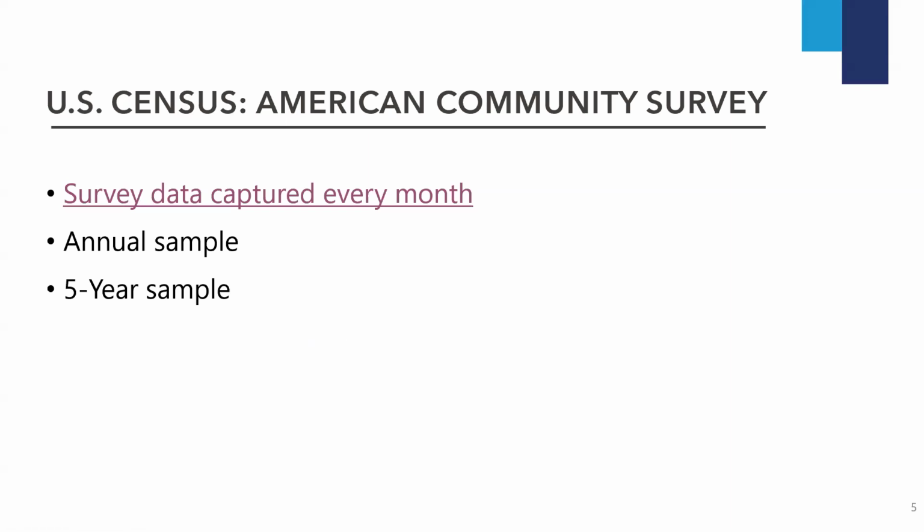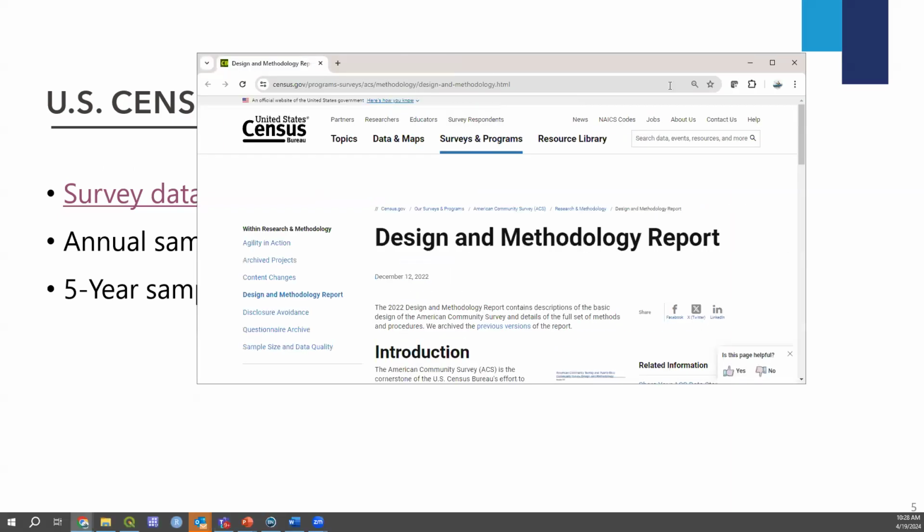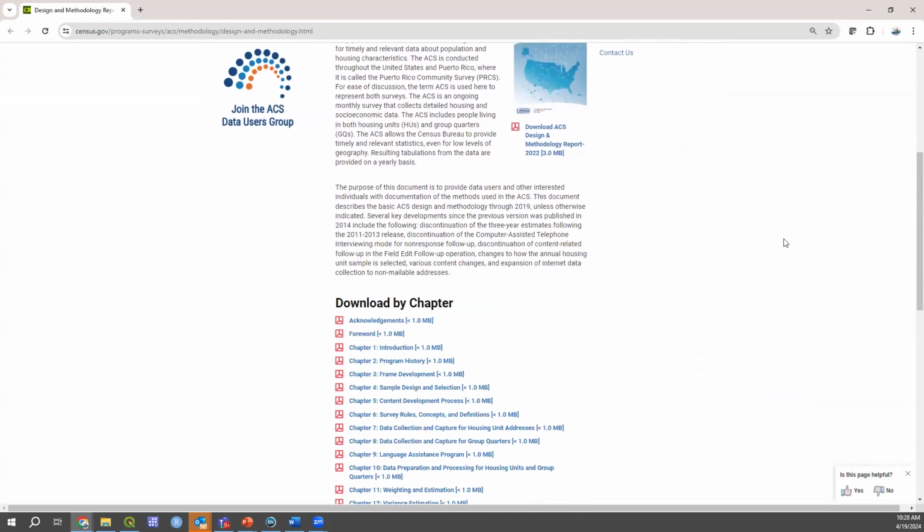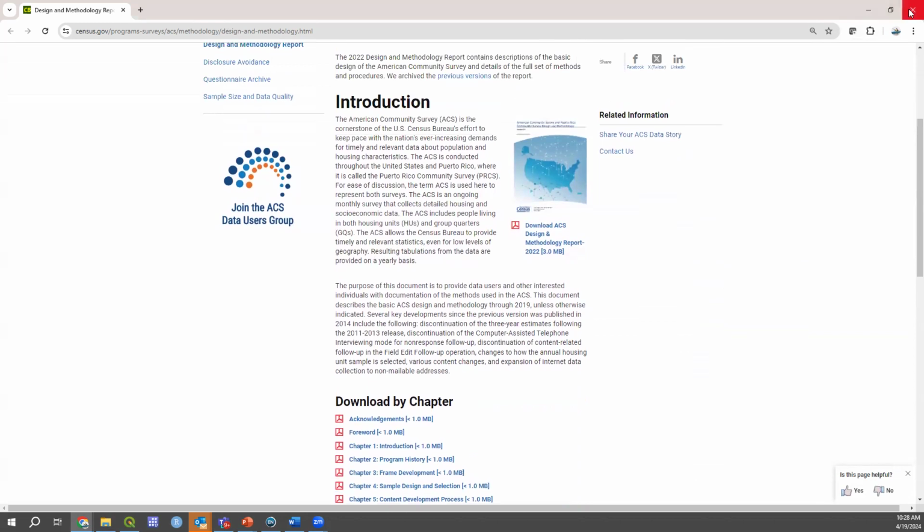So in a 1-year period, you can have what is called an annual sample. Or if you want to be more precise, you could consolidate a sample across 5 years to have a more robust sample. Anyone interested in how the American Community Survey is conducted can find extensive documentation from the Census Bureau.